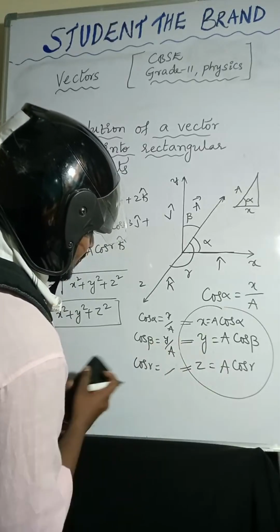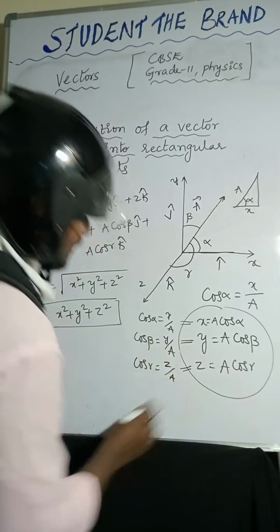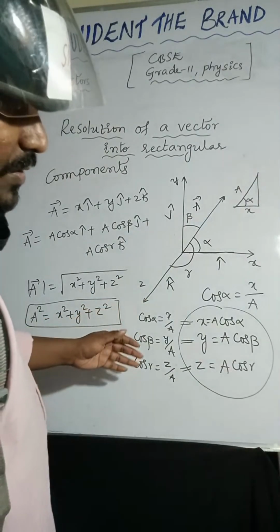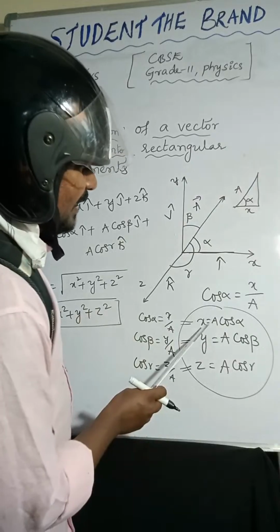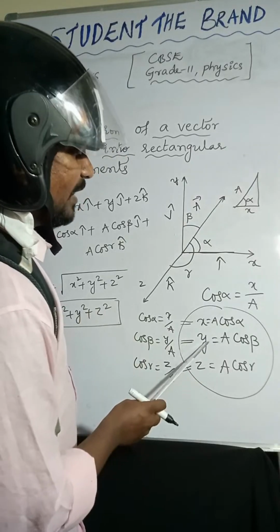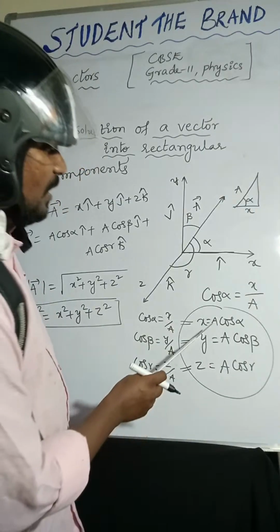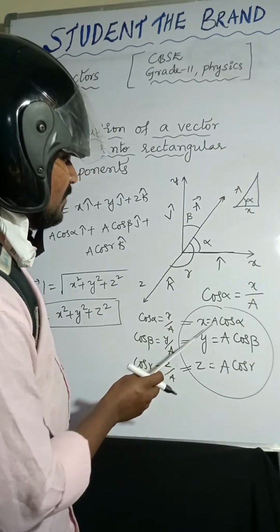Yes or no? Once again, listen carefully. x equals a cos alpha, y equals a cos beta, z equals a cos gamma.